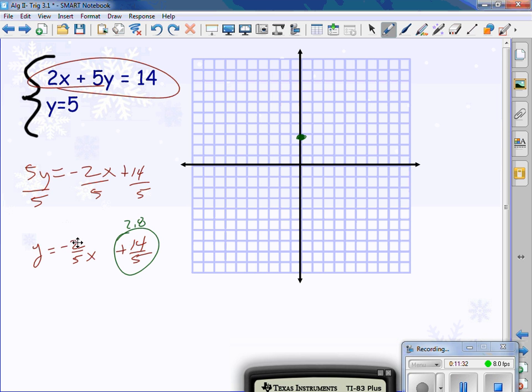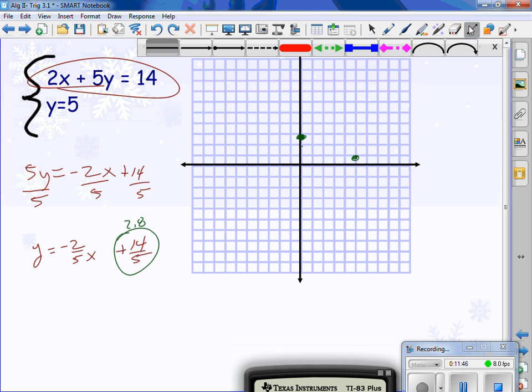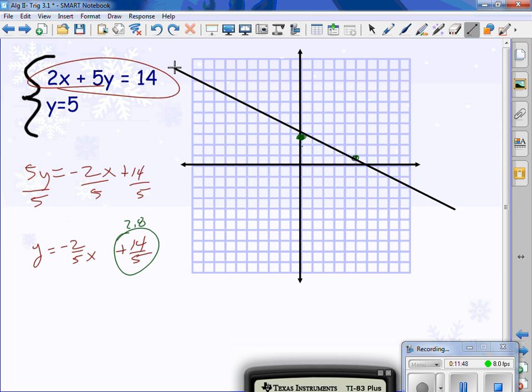Now I need to go down 2 to the right 5. Down 1, down 2, 1, 2, 3, 4, 5. I have that. Draw my line. Try to be as correct as possible.